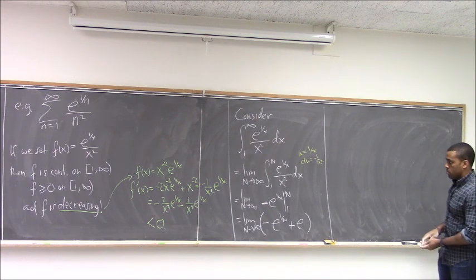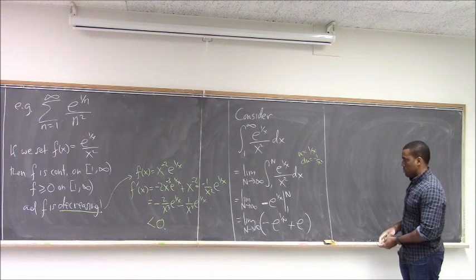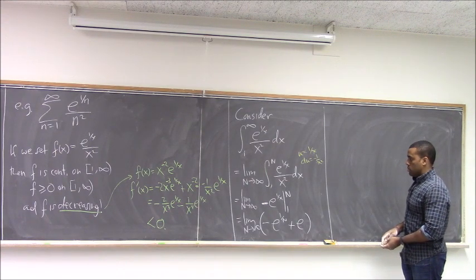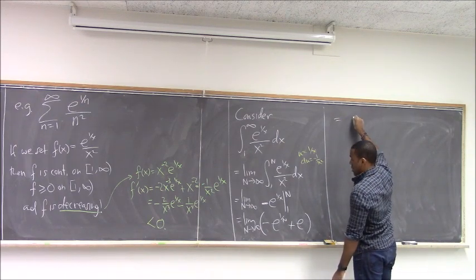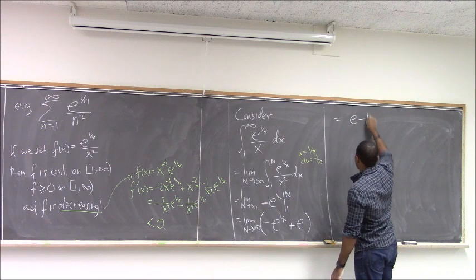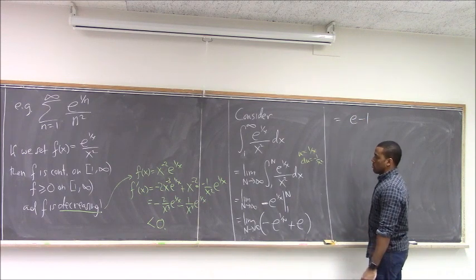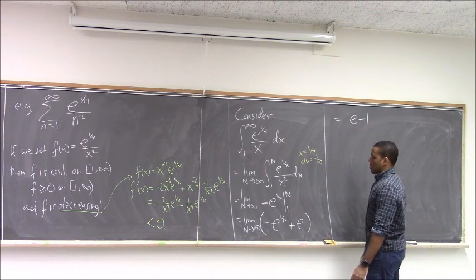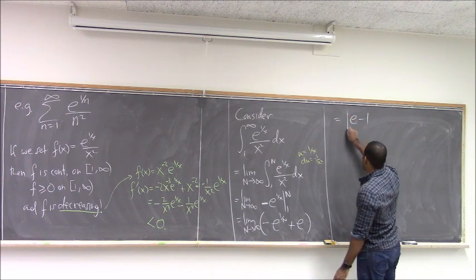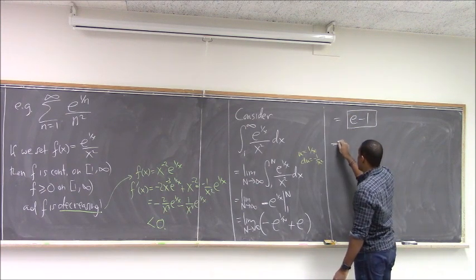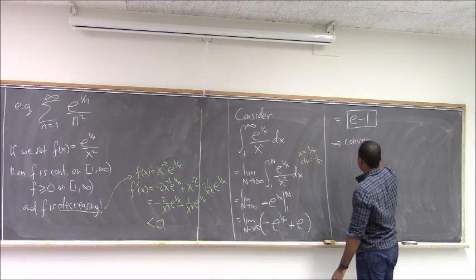Negative 1 plus e. So that goes to, well, e minus 1. Yeah. And so now, that's it. So that's actually a number. So this means it converges.